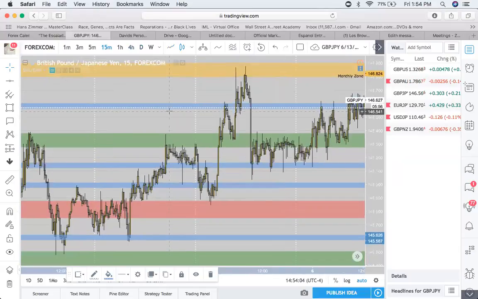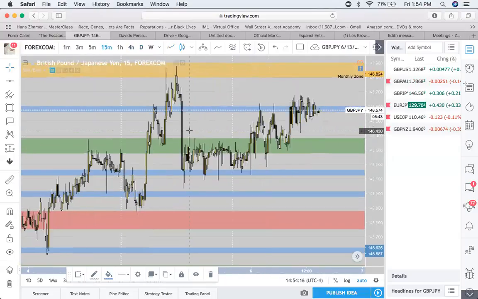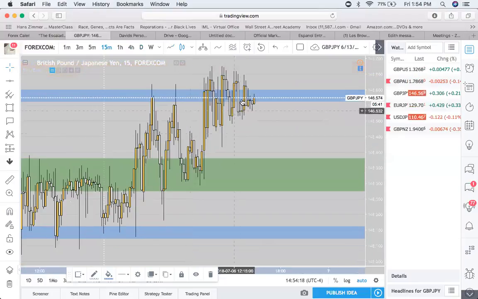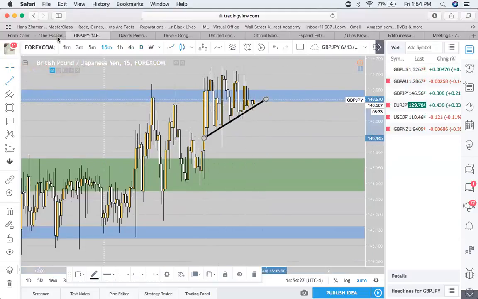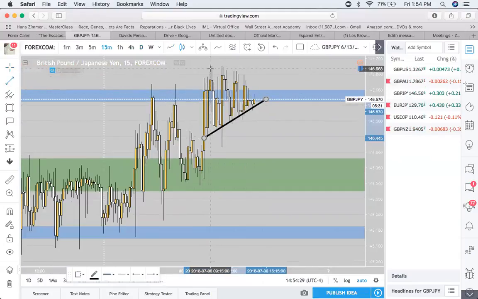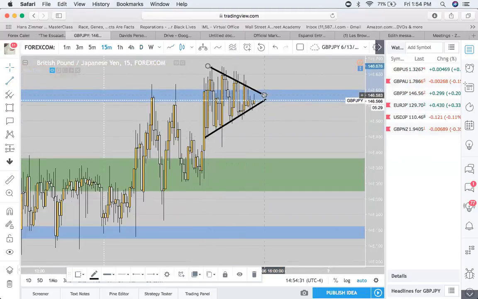I feel like this is more of the meat and bones of how I'm very profitable just with this and Fibonacci and trend lines. All right. So for example, I don't trade this area. This is very sloppy. This is also a flag pattern.